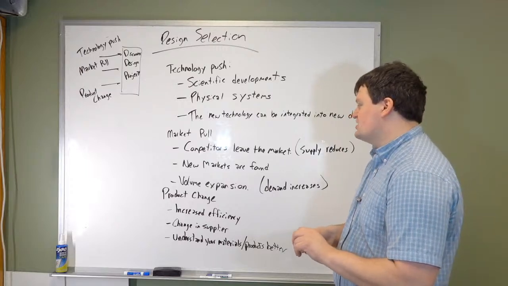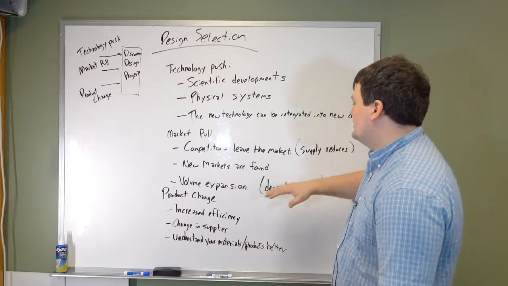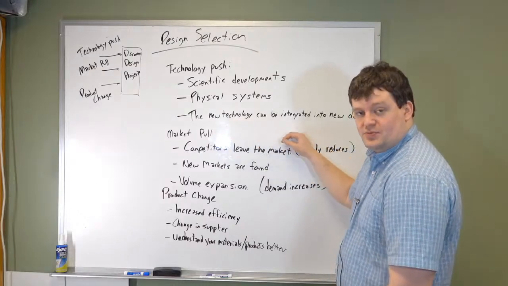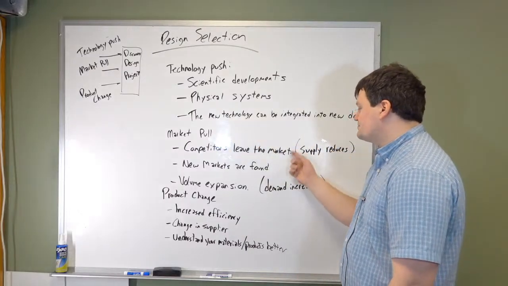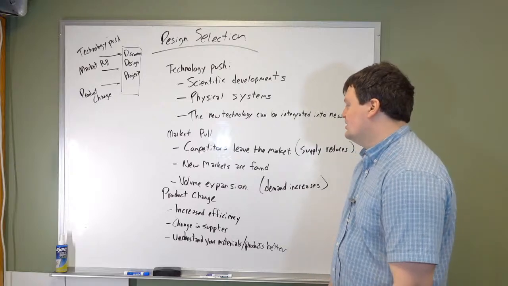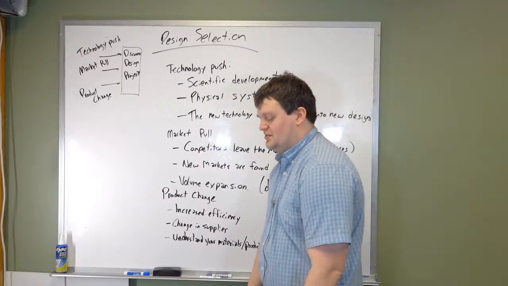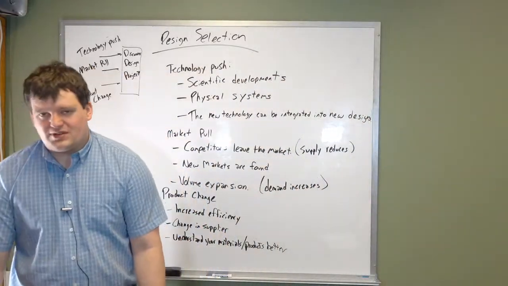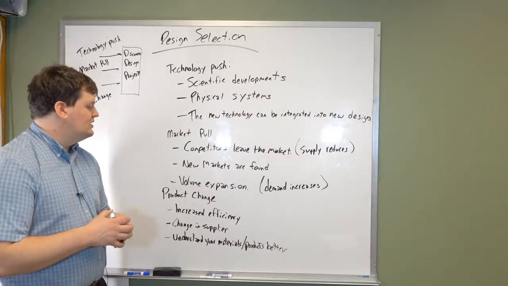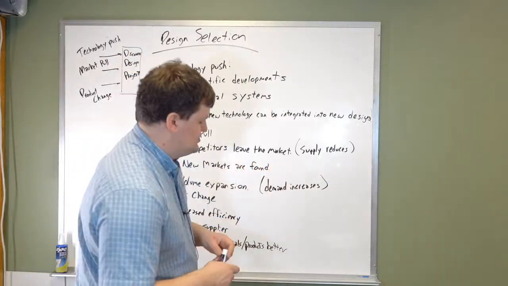If you're more civil engineers, you tend to deal with a lot more of this type of thing, where you're building brand new types of buildings, different materials. And I guess you're building brand new buildings, structures, whatever, maybe optimizing things, increasing efficiency, that kind of thing. But most everybody else is dealing with the other types of design. So this is all of the reasons why you would jump into a design.